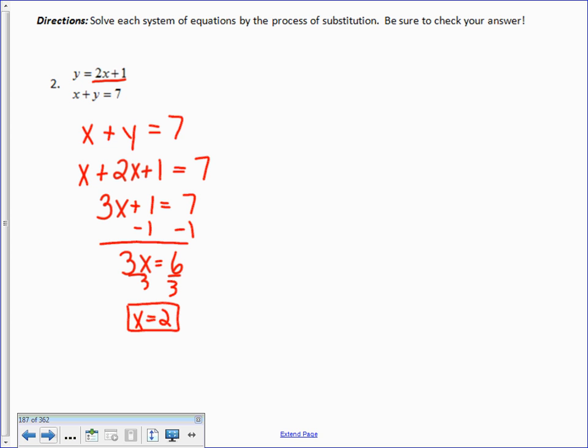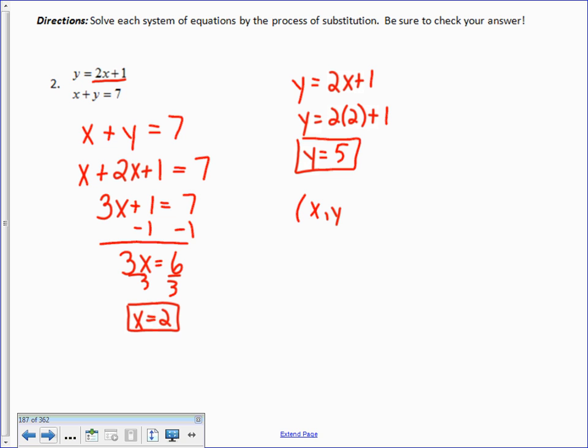Once I find what x is equal to, I can use that first equation, 2x plus 1, substitute in 2 for x, and solve for y. And I get y equals 5. My point of intersection is in the form of x comma y, so my ordered pair would be 2 comma 5.